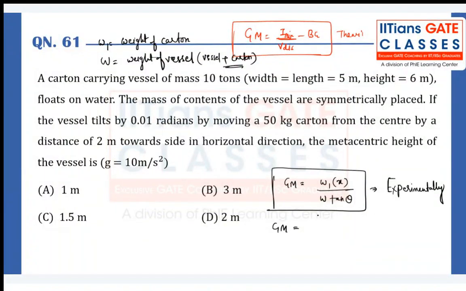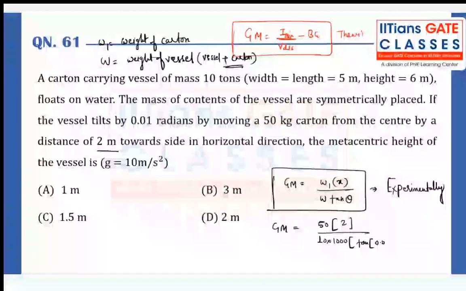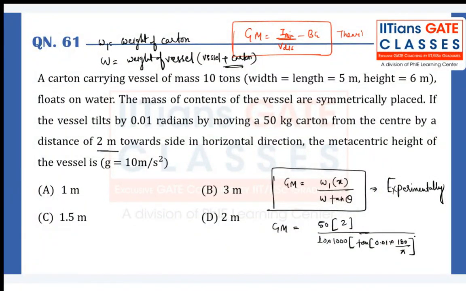So now when you put W1 you will be getting 50. It has been displaced by the amount 2 meter, divided by W, which is given as 10 ton. 1 ton will be 1000 kg. Tan theta will be 0.01 into 180 by pi. So now when you do that, you will be getting 1 meter as the answer.